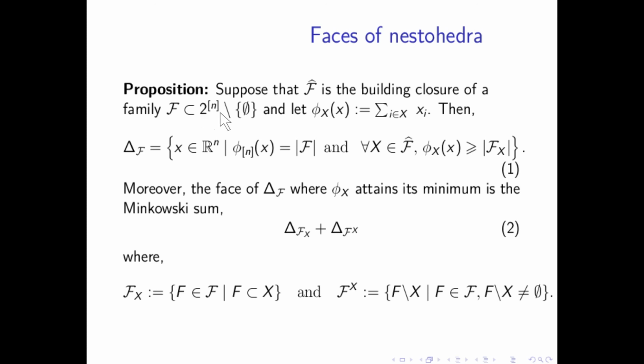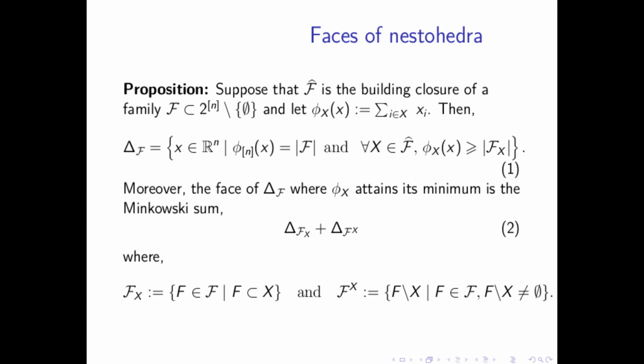If F is an arbitrary family, which is not necessarily a building set, then you can still define the Minkowski sum delta F, which is not necessarily a simple polytope.